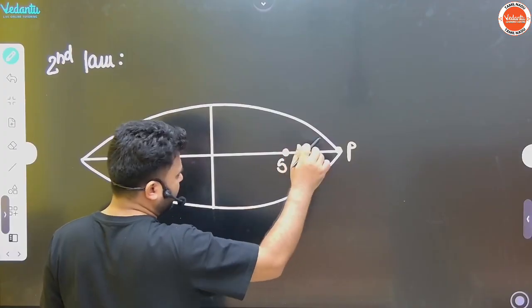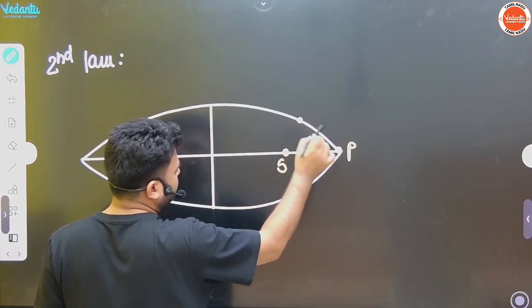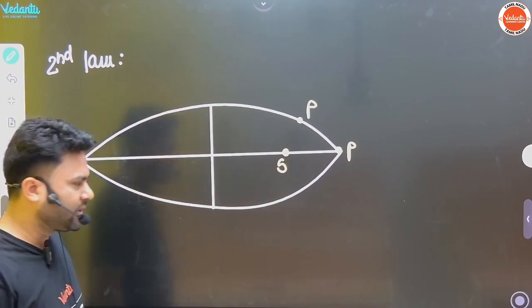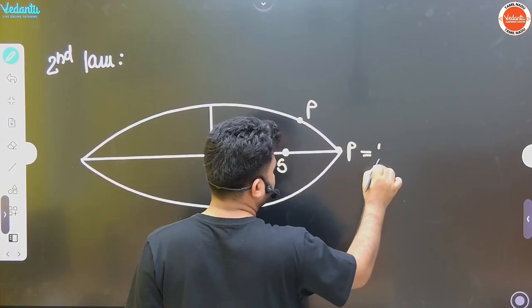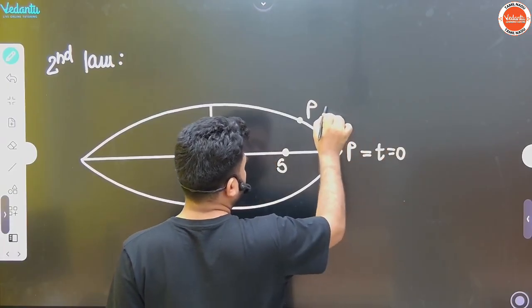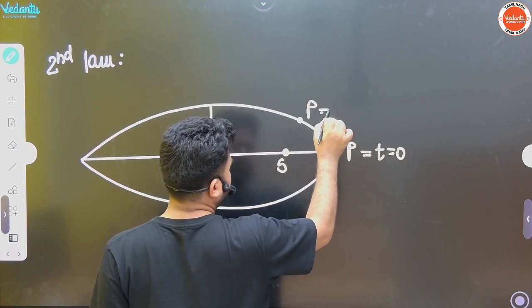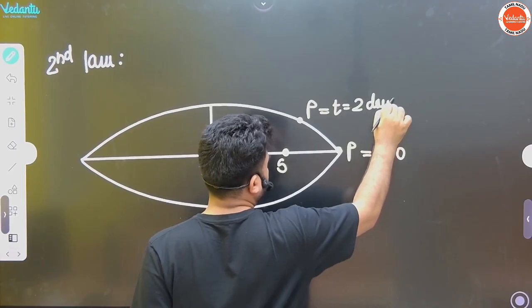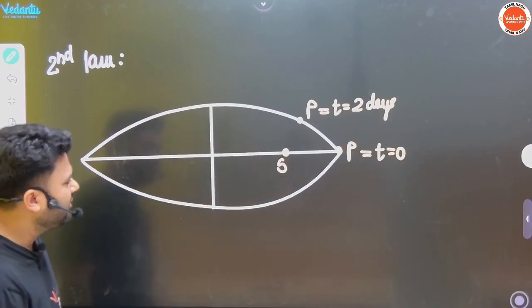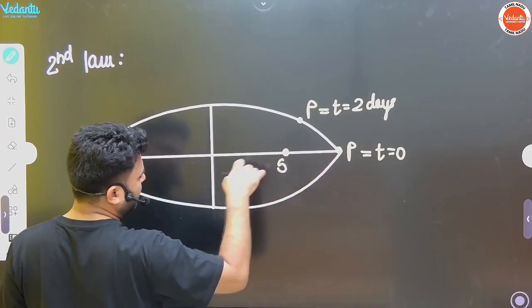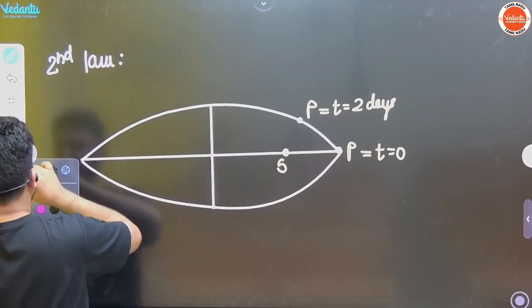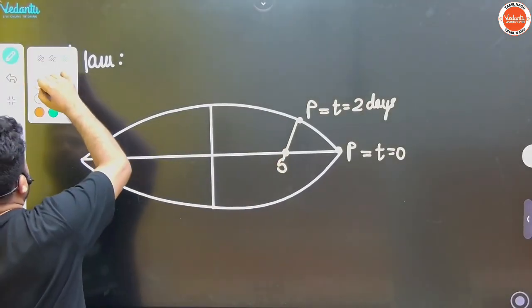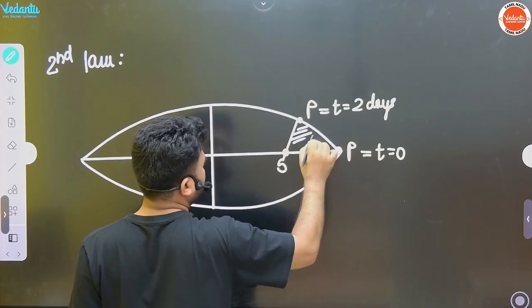Suppose in 2 days, this planet moved from here to here. So this is t equals 0, and here t equals 2 days. So they calculated this area. They connected first this point to the sun, now they connected this point to the sun, and they were talking about this area.